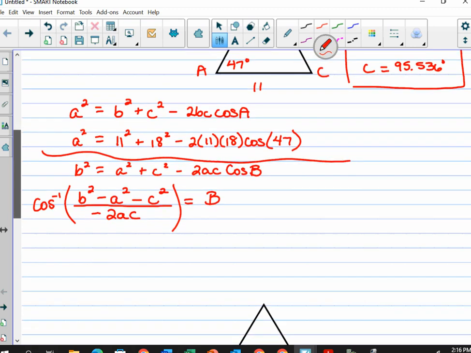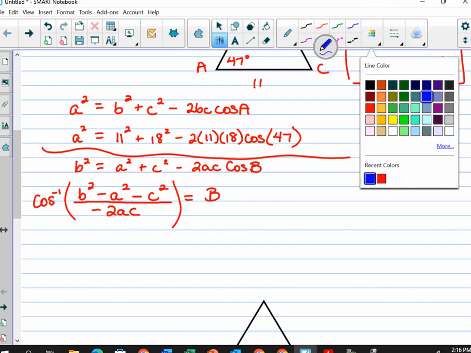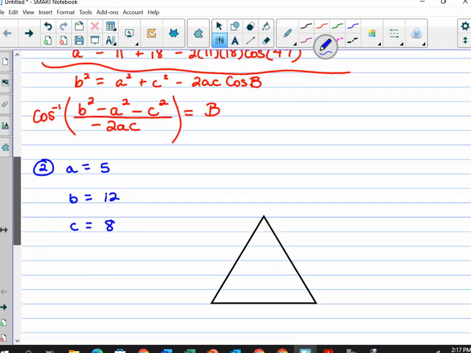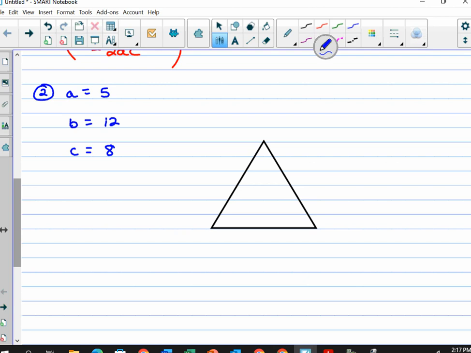All right. Ready to try again? Yes. You have to do 3 problems, guys. Okay. Side A is 5. Side B is 12. Side C is 8. Side C or A? Side C. If I don't put degree next to it, it's not the same.